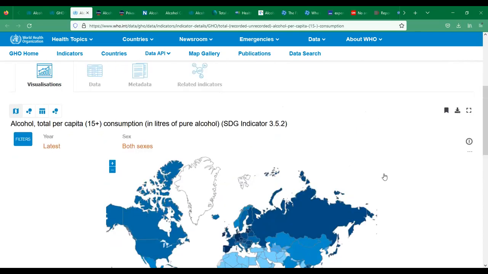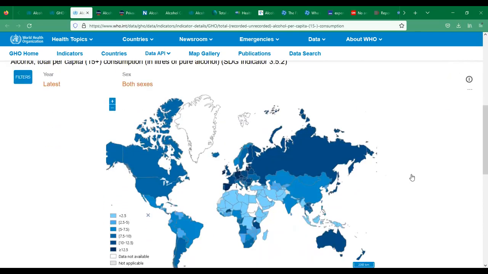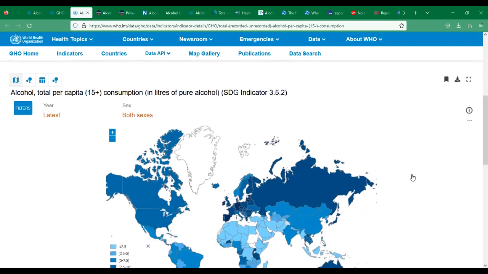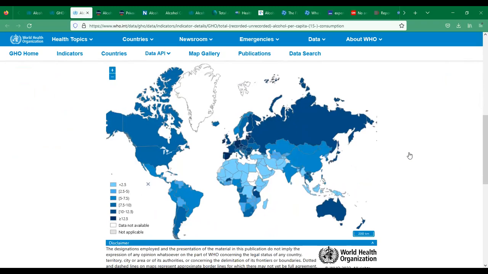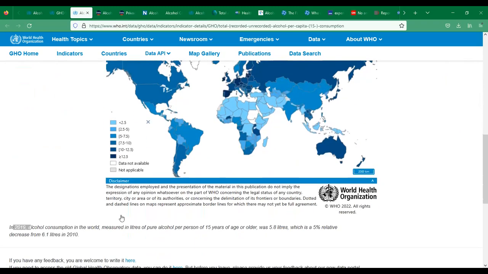So it's still not up to date data. We don't have any data about the COVID era yet, but it's still important.